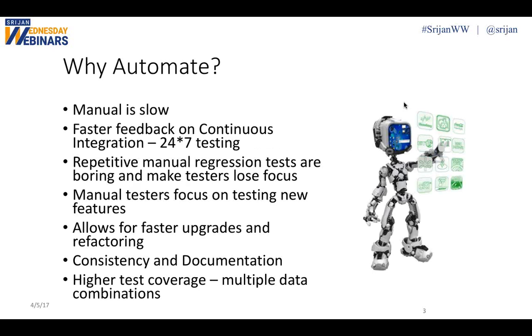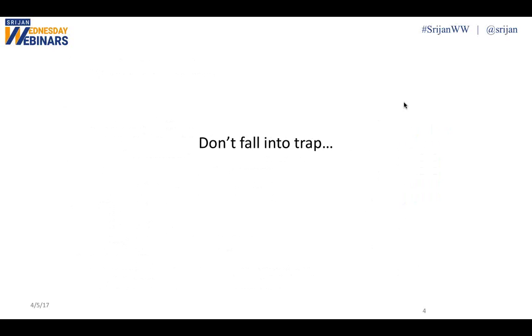I would like to again ask back the audience. It's not possible here in this webinar, but the question I have in mind is that you know why to automate, but are you ready to automate? There is some trap. People think that now they know why they should automate, so they simply start automating.